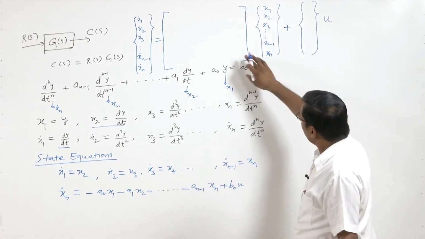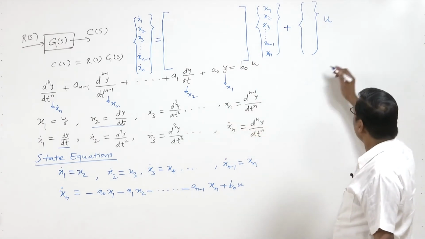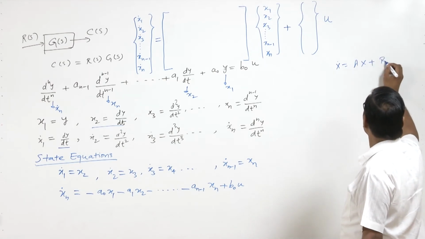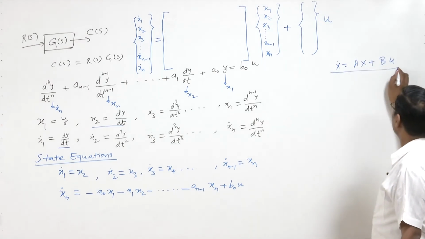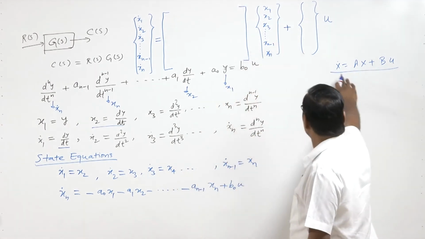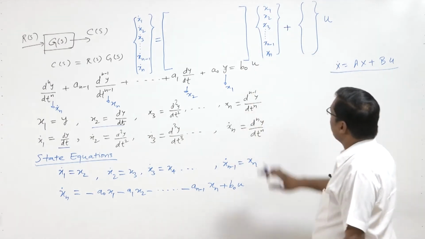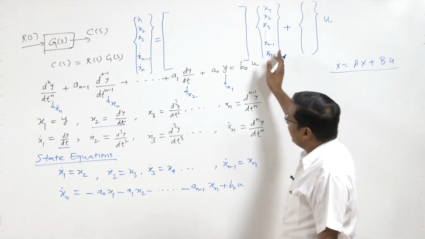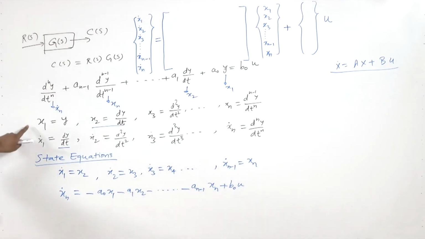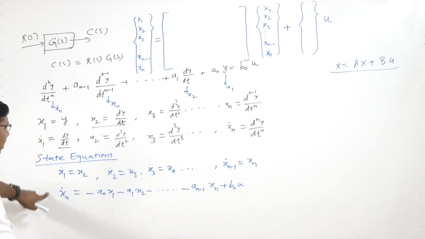Now we have to complete these matrices, because we have to write the state equations in the form x dot equals Ax plus Bu. So the state vectors are x1 to xn, and the derivatives of these vectors are defined here.